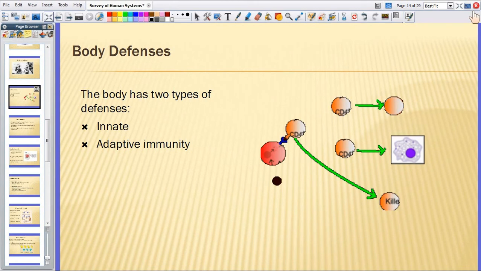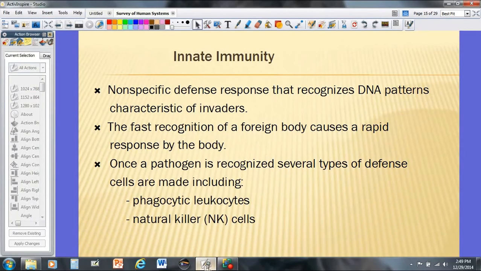The body's first line of defense is the skin and the linings of the respiratory and digestive tracts. If a pathogen gets past these, then the immune system is activated. The first immune system that will be activated is the innate or instinctive system.